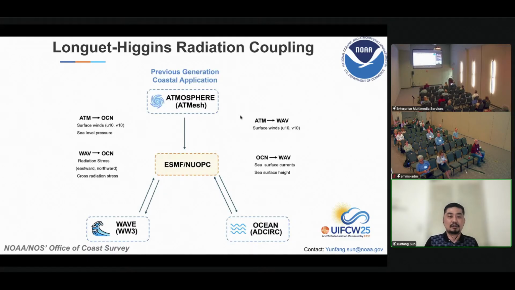Here is the structure of the 2D coupling, which is the radiation stress coupling. In this case, the ocean gives WaveWatch III the sea surface current and the sea surface height, and WaveWatch III gives SCHISM the radiation stress. So it's a very simple exchange. Here the wave radiation stress is uniformly distributed to all layers in the ocean model. This is the older two-way coupling.